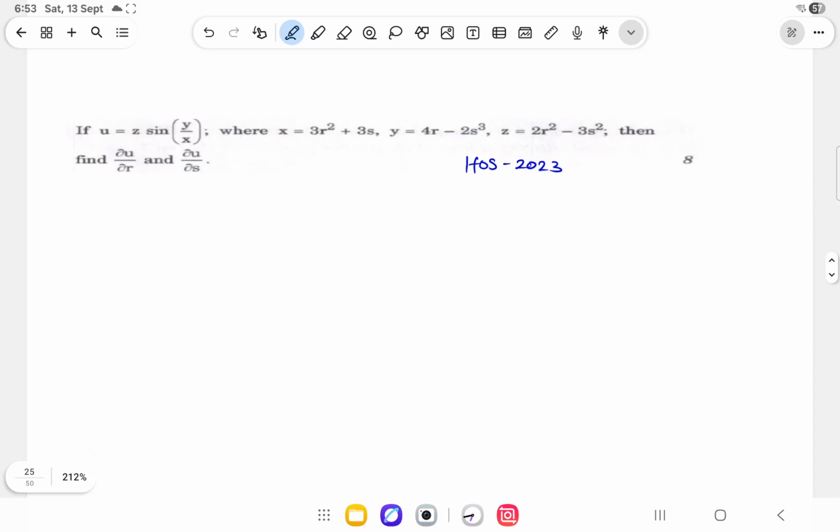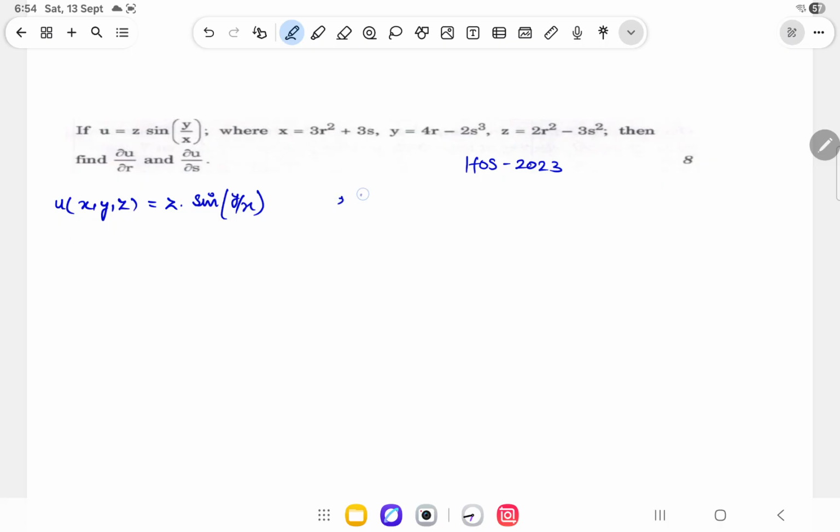The next question says that they have given us u in terms of x, y and z, and it is equal to z into sine y by x, and further x, y, z are in terms of r and s.